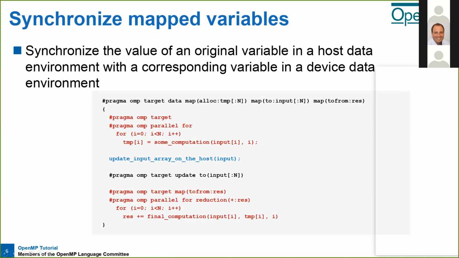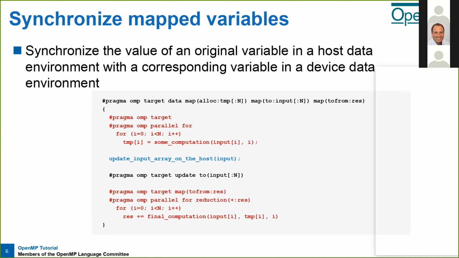So the target update is a statement that's encountered, and then the data transfer is initiated and updates the input array. And I think the 2 has to be in the parentheses here. Sorry, this is a typo. So it's to: input. It updates the input, taking the current version of the host and overwriting the very instance of this array on the device.